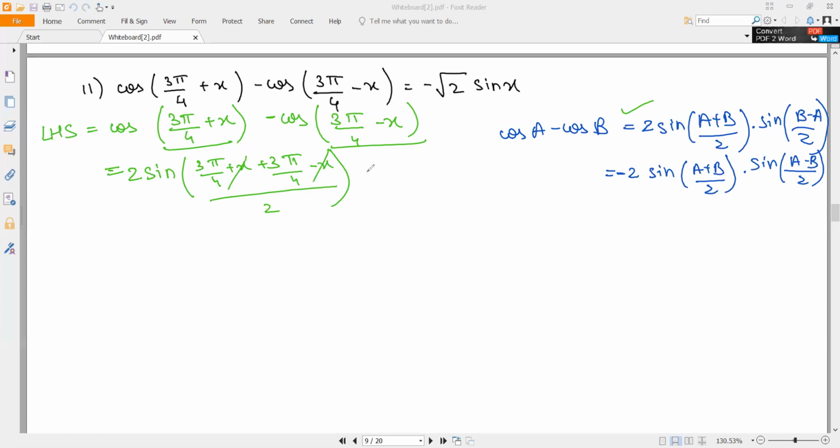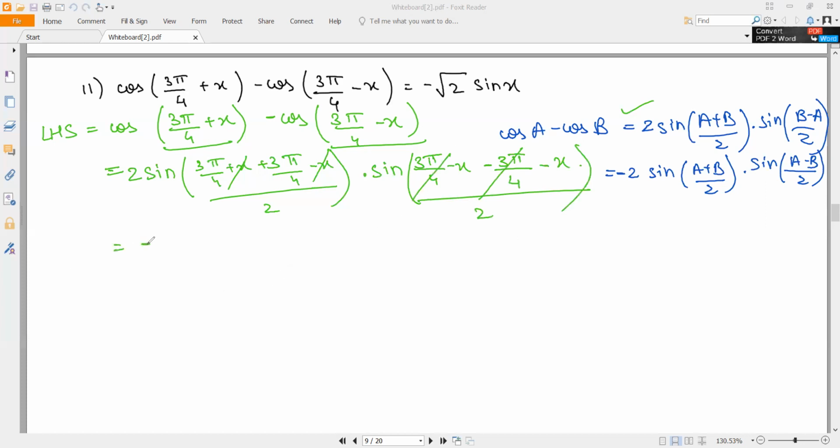Plus x minus x will get cancelled, into sine of B minus A. B is the second angle, 3 pi by 4 minus x, minus the first angle, which will change both the signs, 3 pi by 4 and x, whole upon 2. These two will get cancelled.